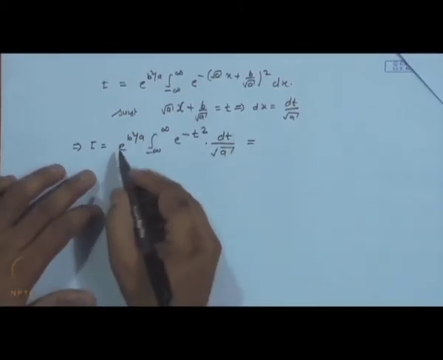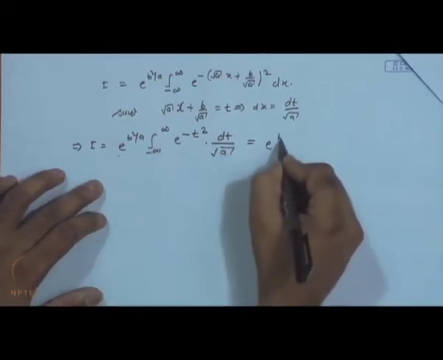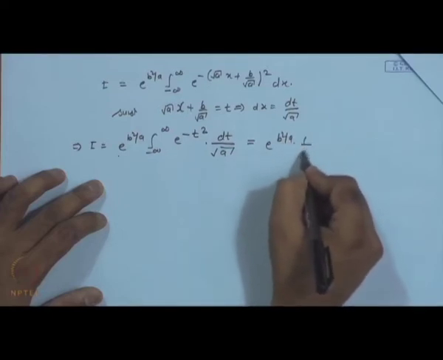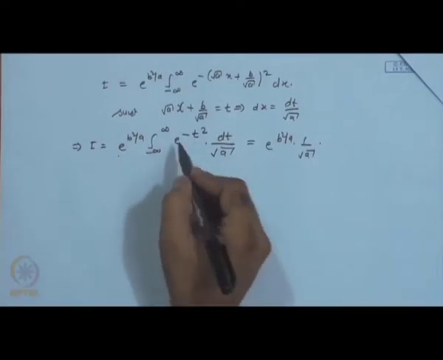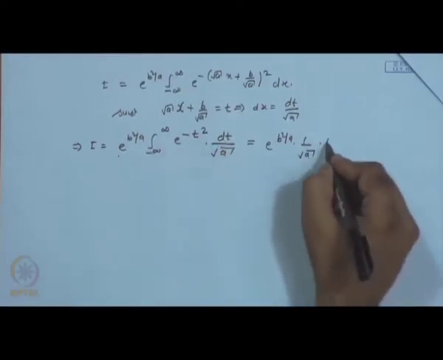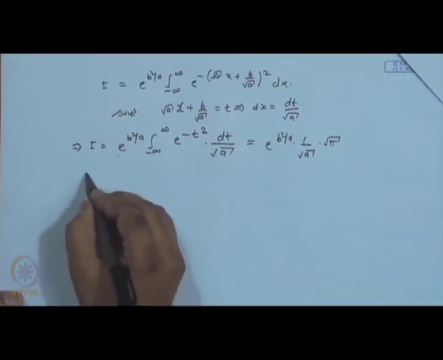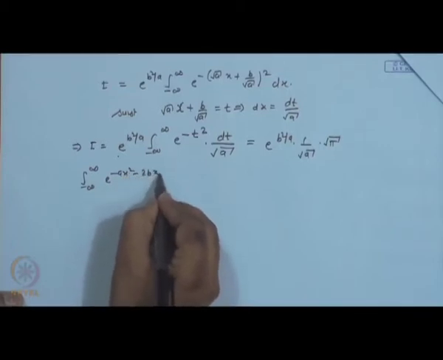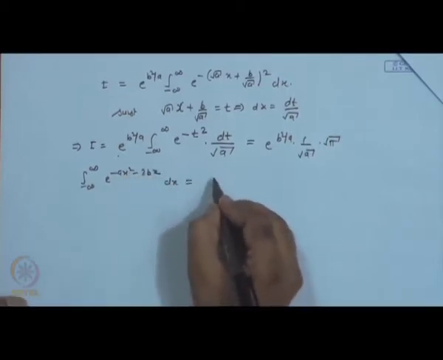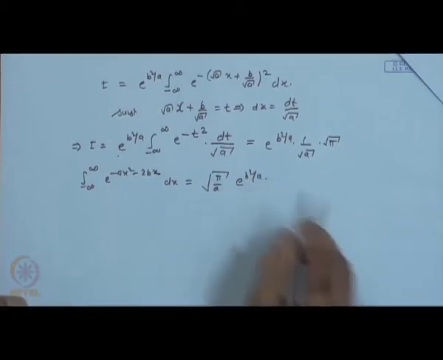We can take this square root a out of the integral, so e^(b^2/a) times 1 over square root a, and this integral of e^(-t^2) dt is a standard Gaussian integral with value square root pi. So, we got that the integral from minus infinity to plus infinity of e^(-a x^2 - 2 b x) dx is equal to square root of pi over a, times e^(b^2/a).